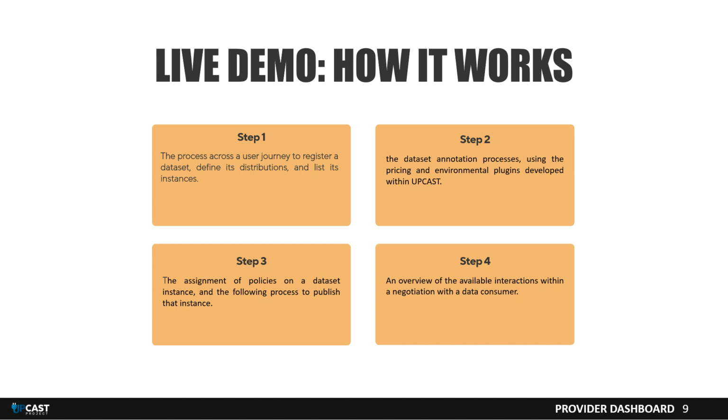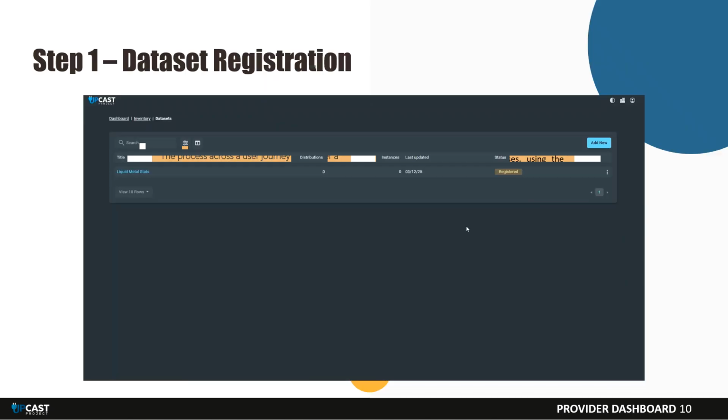Step 2 presents the annotation processes using the pricing and environmental plugins developed within Upcast. Step 3 presents the assignment of policies on a dataset instance and the following process to publish that instance. Step 4 presents an overview of the available interactions within a negotiation with a data consumer.